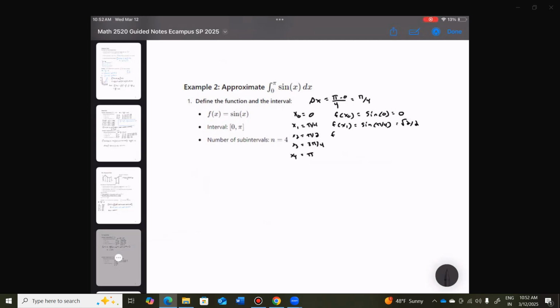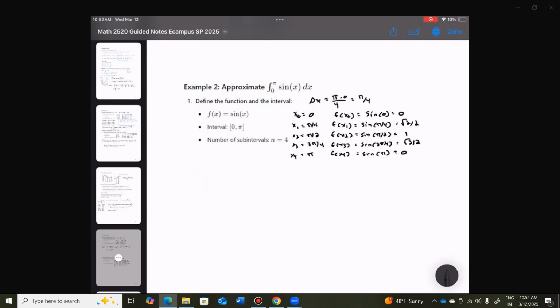F of x sub 2 is sine of pi over 2, which is 1. F of x sub 3 is sine of 3 pi over 4, which is square root of 2 over 2. And f of x sub 4 is sine of pi, which is 0.